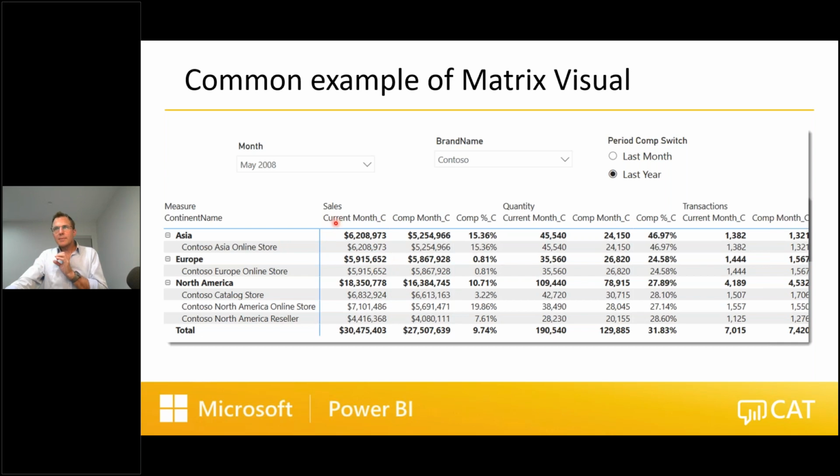I've got calculation groups because I want to have the ability to select a month, say May 2008, and there's a filter on brand name for why not. I've got a dynamic period switch, so I can choose a comparable month, either the previous month or the same month last year, and then have a calculation which shows the percentage difference, positive or negative, between those two values.